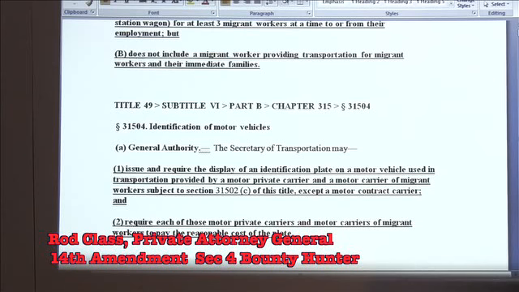They wrote the laws. Identification of a motor vehicle, Title 49, Subchapter 6, Part B, Chapter 315, 31504, definition of motor vehicle, Secretary of Transportation.